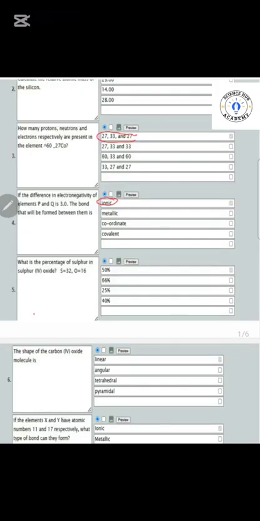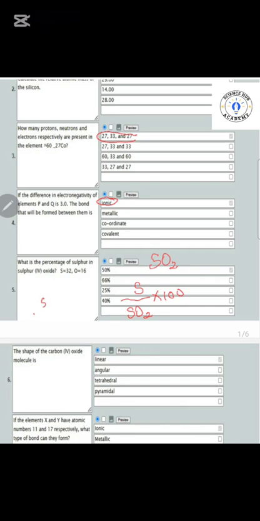Now the next, number 5, says we need to calculate the percentage of sulfur in sulfur(IV) oxide. So the chemical formula for sulfur(IV) oxide is SO2. To get the percentage of sulfur, that will be mass of sulfur over mass of sulfur(IV) oxide times 100. So to do that, we need to calculate the atomic mass of sulfur.